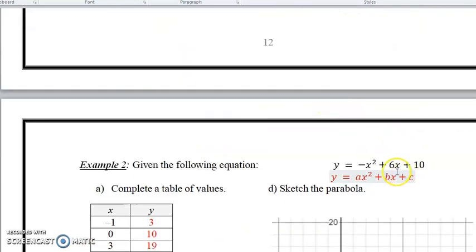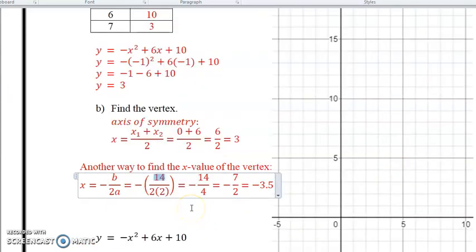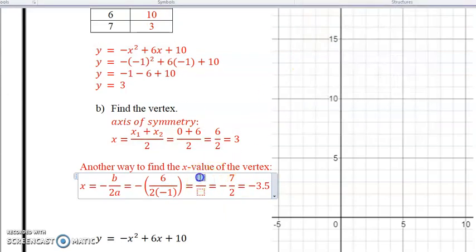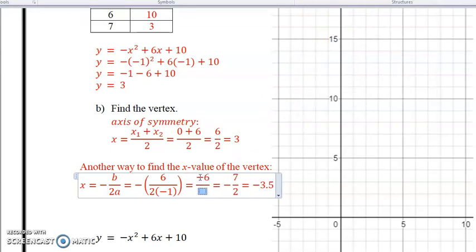So our b value here is 6, and our a value is -1. So that would give us -6 over -2. That gives us -6 over -2, which would equal +3 for our x value.